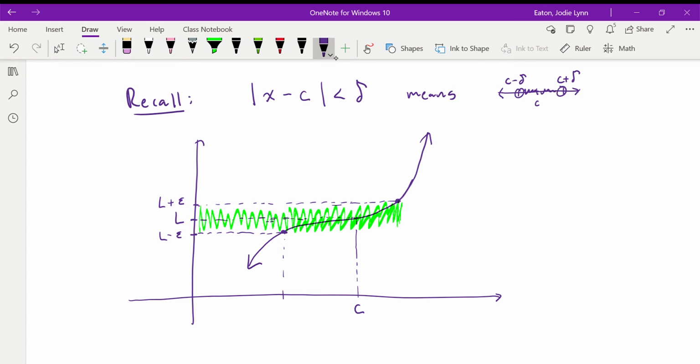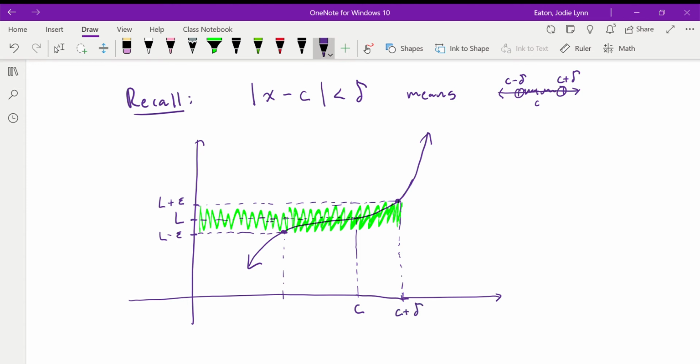This is where the green range starts, and this is where the green range ends. So we really are looking for the smaller of those two possibilities because otherwise we're missing some of that green range. We can see that the distance on this side is clearly shorter. So let's make this here C plus delta.